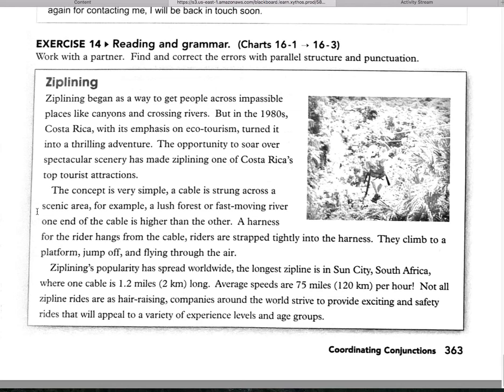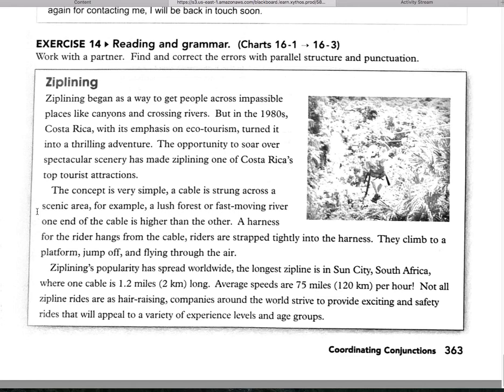Last paragraph. Ziplining's popularity has spread worldwide, period. Capital T. The longest zip line is in Sun City, Africa, where one cable is 1.2 miles or 2 kilometers long, period. Average speeds are 75 miles or 120 kilometers per hour, exclamation point.